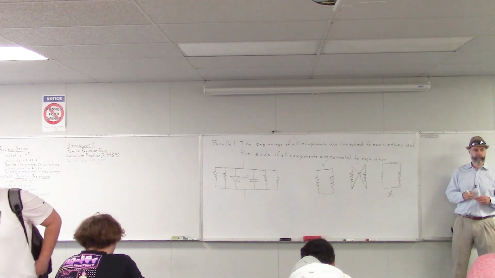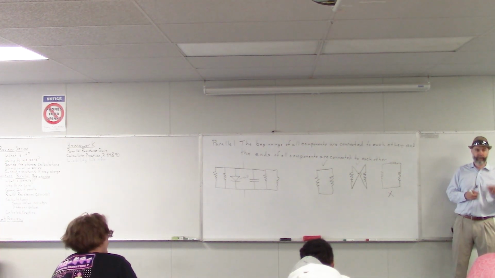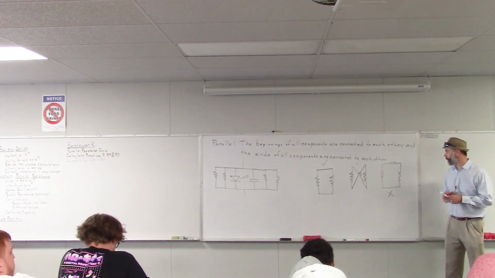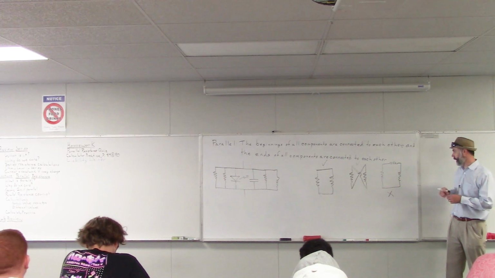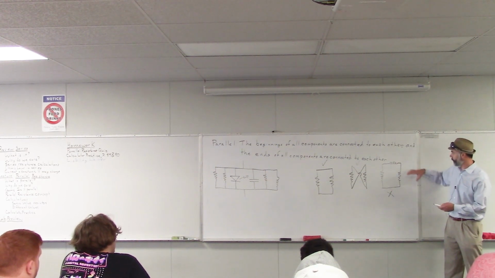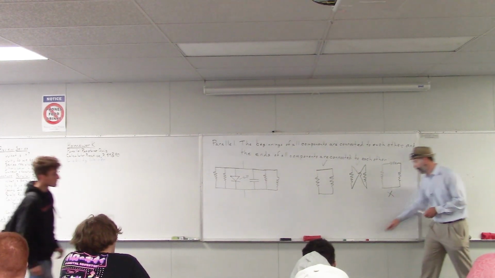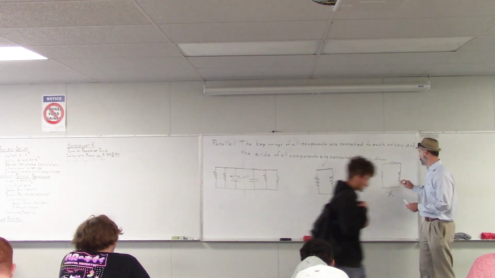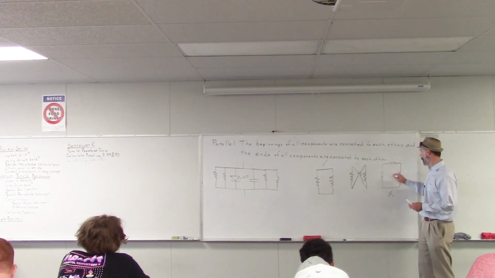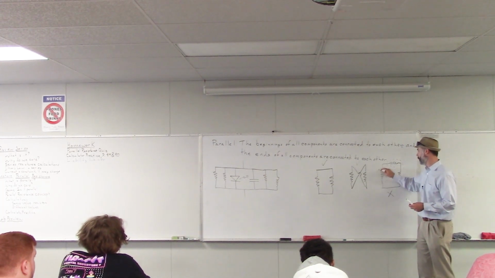Couldn't you find the equivalent resistance between two of the resistors, and then it would be parallel? Aha, yeah. So, right, you could rearrange that, and then you could say that this section is in parallel with this section.